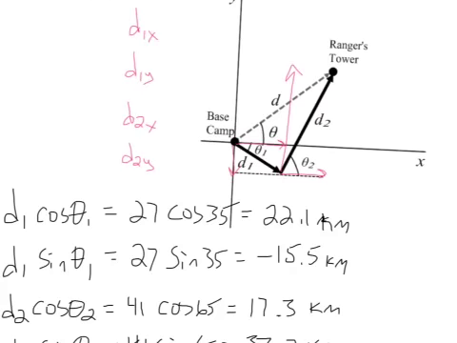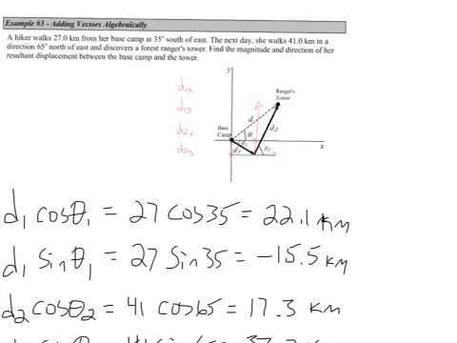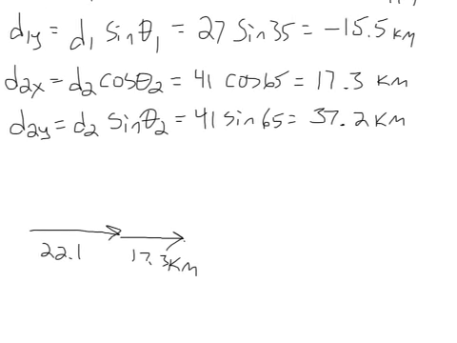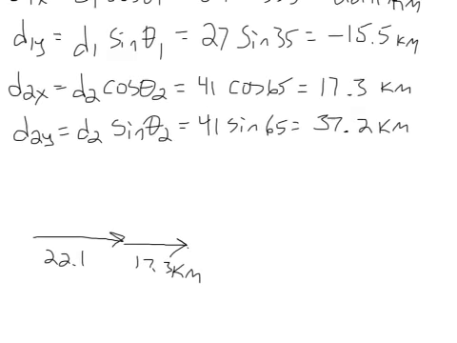So with these y components, one goes down and one goes up, so we can take the negative out of the positive. We're just going to take the 37.2 and subtract the 15.5 from it, and we end up with a y component of 21.7 kilometers.